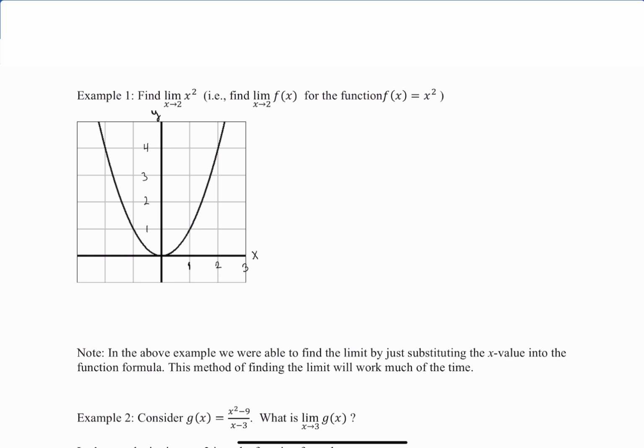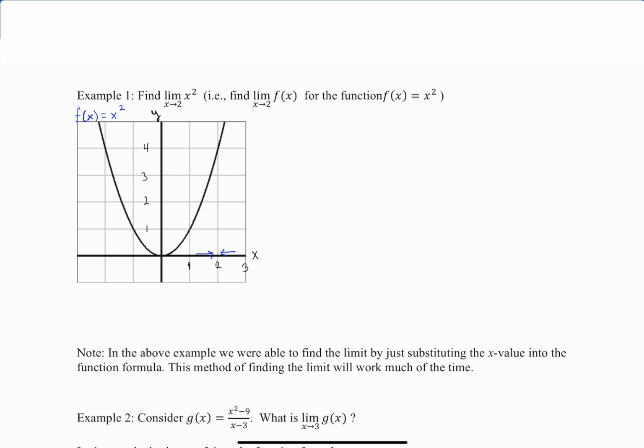It is the graph of f of x equals x squared. And the x approaching 2 with the little arrow underneath the LIM tells us to think about approaching x value 2, but as we move along the graph.